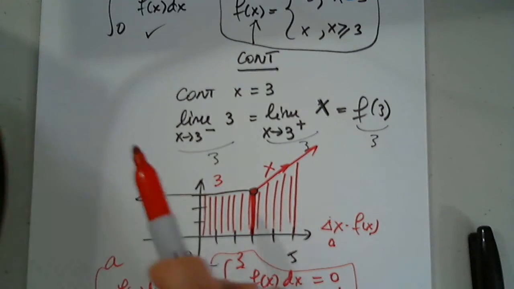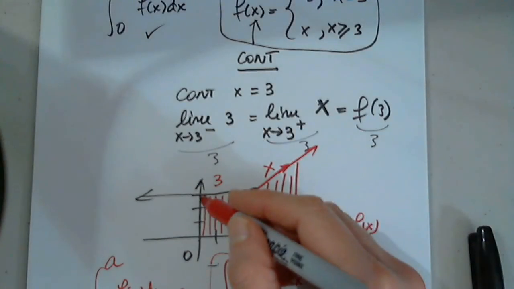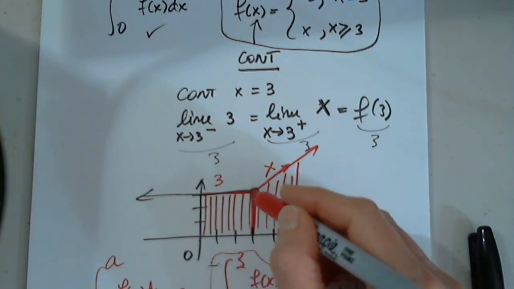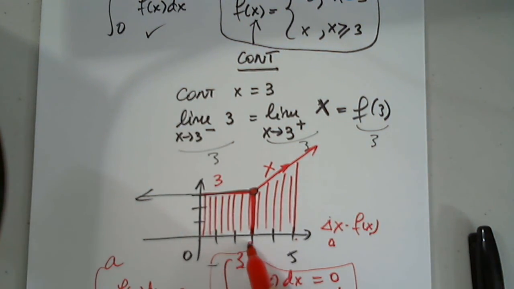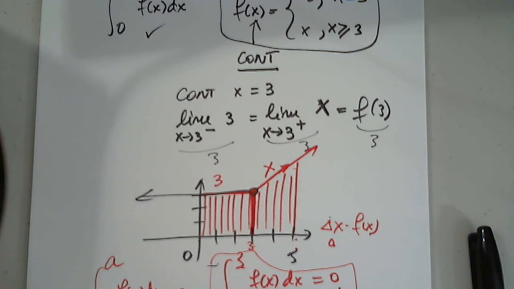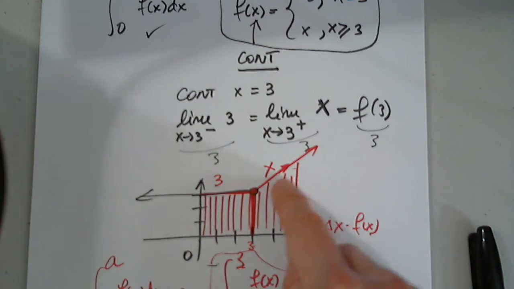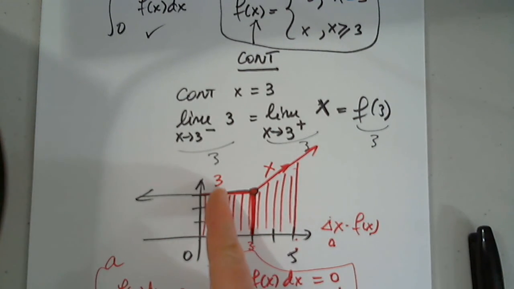What is important is that the function is continuous on this interval 0 to 5, and under this graph I have from 0 to 3, and under this graph I have from 3 to 5. The functions are not the same. This is one function, but between 0 and 3 it is 3, and between 3 and 5 it is x.